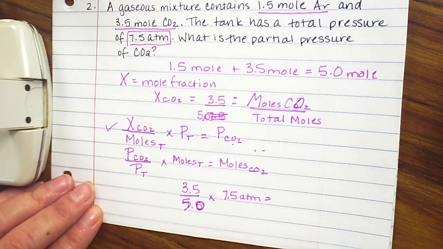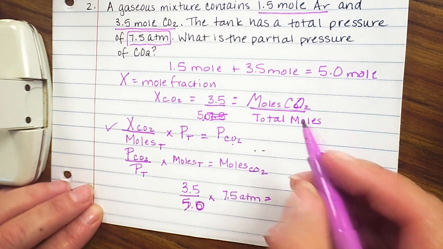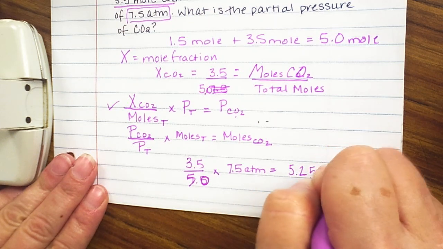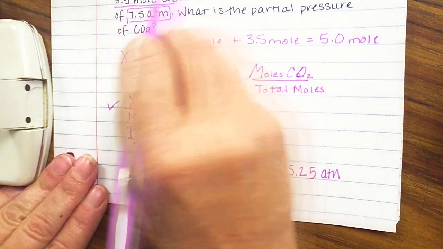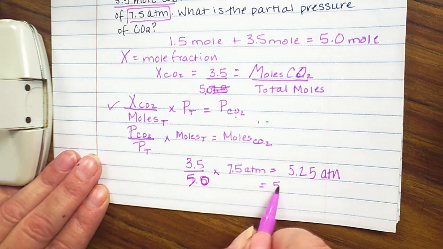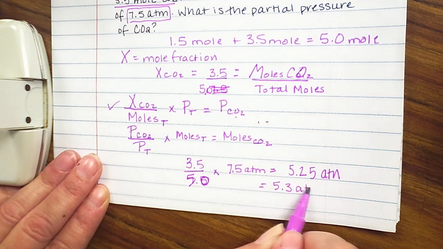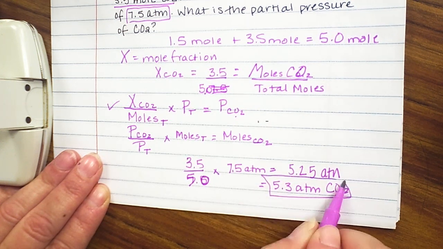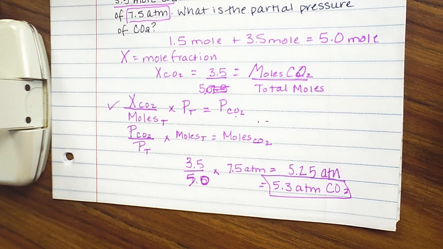So I multiply that, 3.5 times 7.5 over 5.0, and I get 5.25. I go back up here and I see I get 2 digits, so that's 5.3. So in this tank, there's 5.3 atm of CO2.